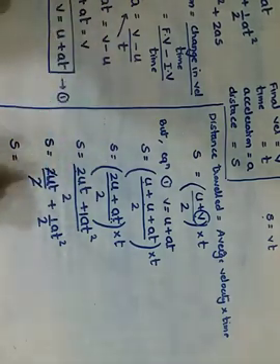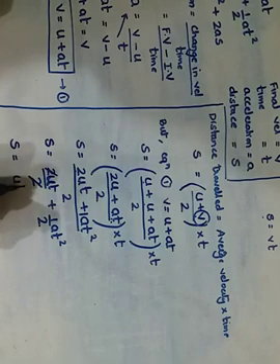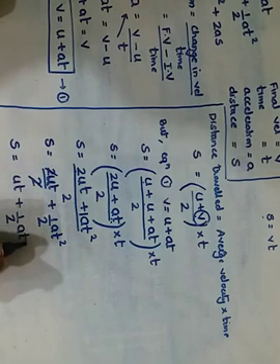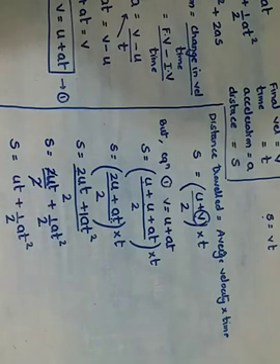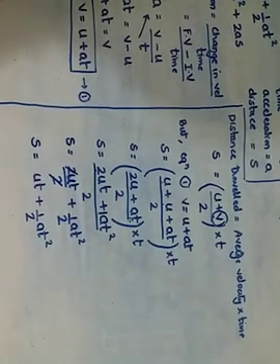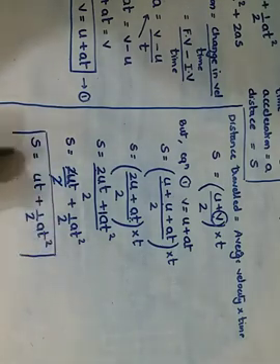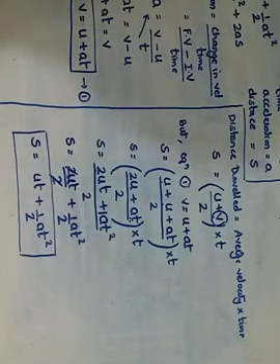So what remains behind is just ut from here, and from here half at square. So what I have proved is your second kinematic equation, that is S is equal to ut plus half at square. This is your second kinematical equation in the derivation.